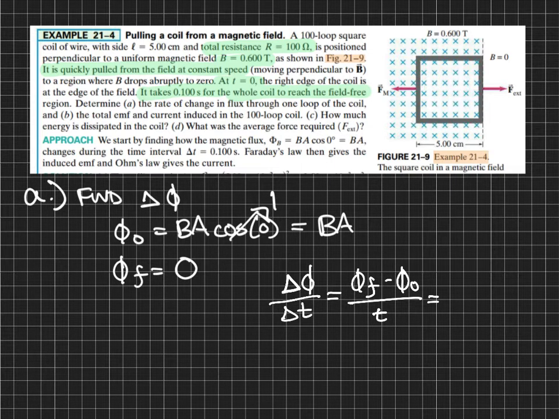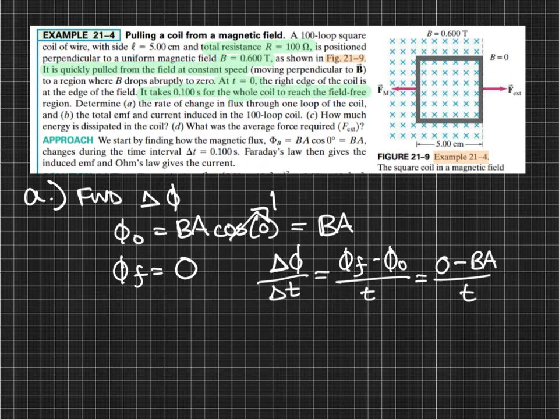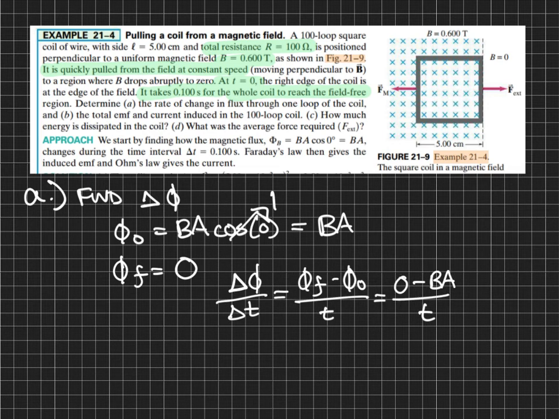That's then going to give us 0 minus BA over time, which then is going to be B times our area, which would be our length squared, over time. Working through that, we're going to get a change in flux of negative.